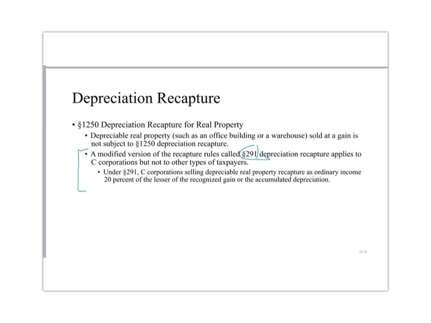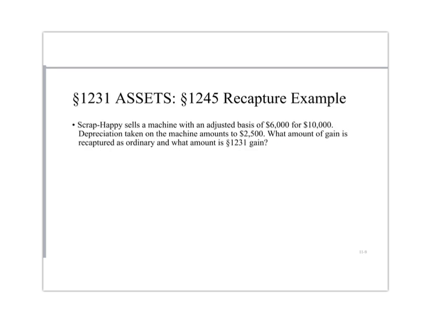So if you had a large amount of accumulated depreciation, you're only going to recapture 20% of that. Again, this is not the focus of our discussion because we are mostly concerned with individual taxation here.